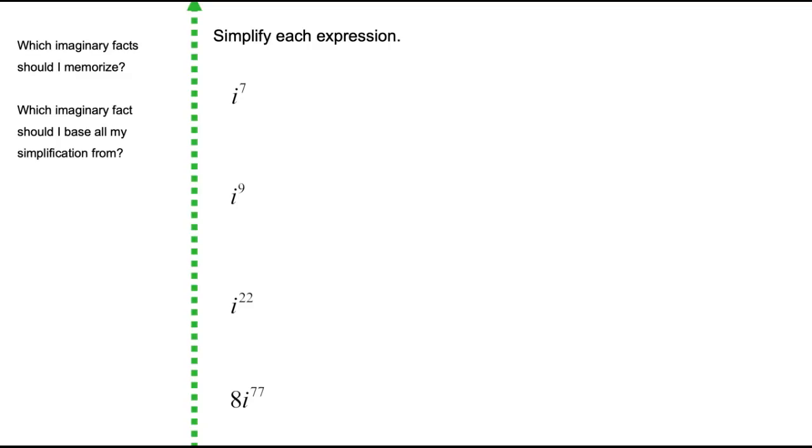So if we look at a few examples of these, if you have i to the seventh, you really want to find out how many i to the fourths there are in that. So how many i to the fourths are there in i to the seventh? So this is like i to the fourth times i to the third. And we're trying to find how many i to the fourths there are because i to the fourth is just the same as 1, so 1 doesn't really do anything, so you can just kind of forget about it.